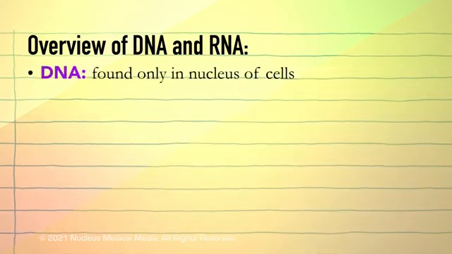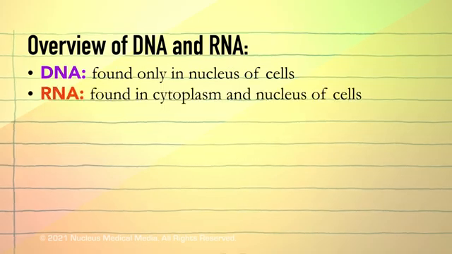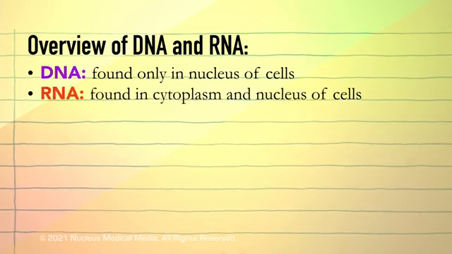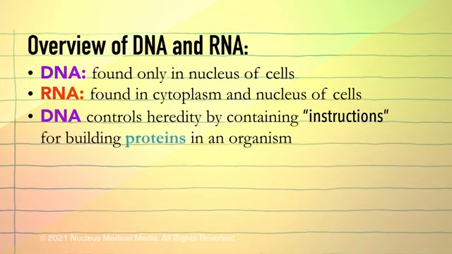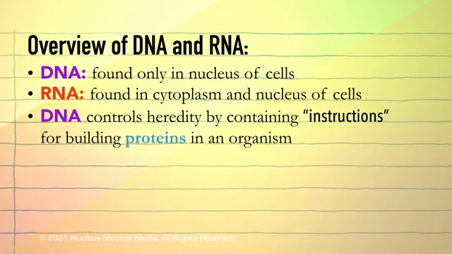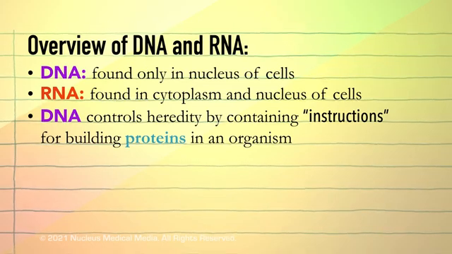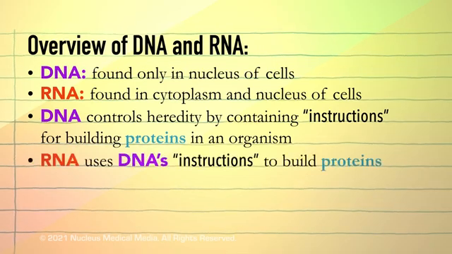In cells, DNA is found only in the nucleus, while RNA is found in the cytoplasm as well as the nucleus. DNA controls heredity by containing the instructions for building the proteins that make up an organism and allow it to function. RNA uses these instructions to build proteins.